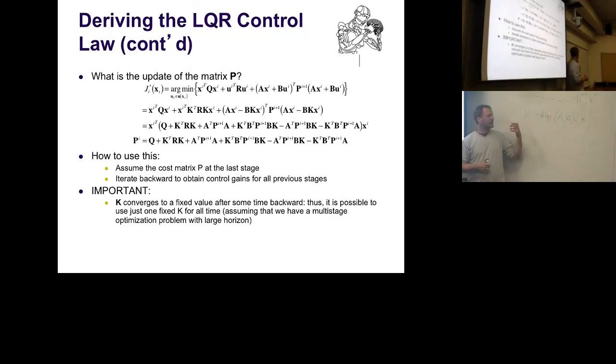MATLAB uses a special method to compute it, but the simple way is to take this Riccati equation and make a first guess for Pi plus 1. From that, you can compute the gain, you update Pi, then with this new Pi you compute the gains again. You update the next Pi, and you iterate this for 50 iterations, and you have a converged K and a converged P, and you're done.